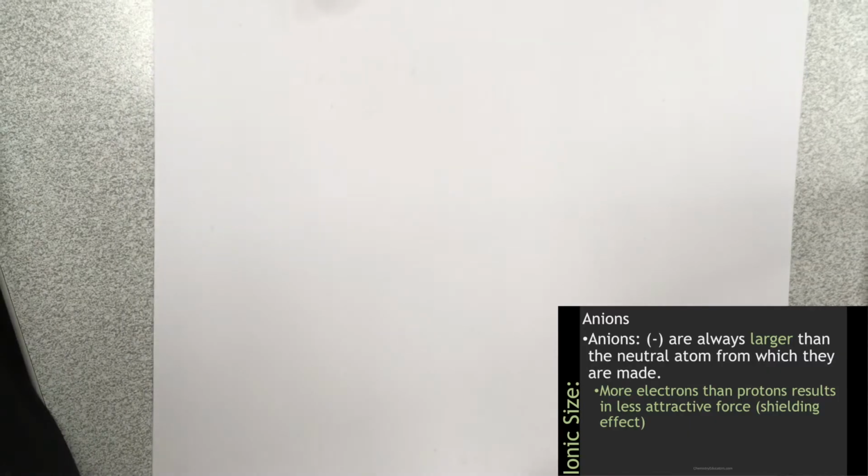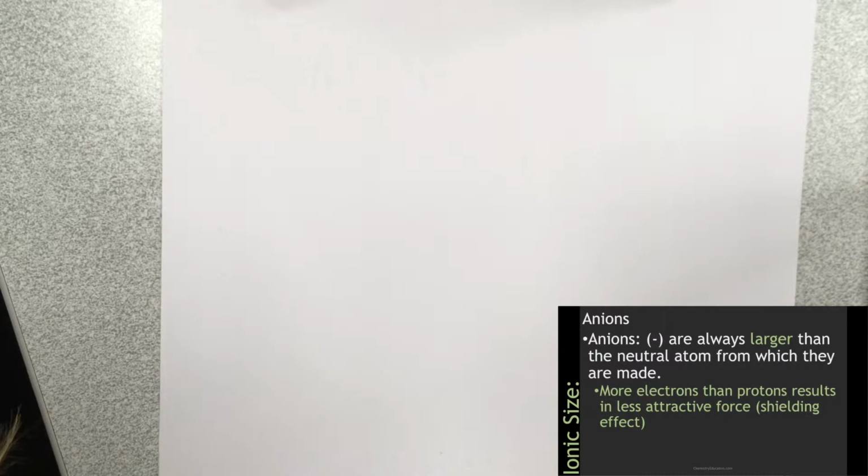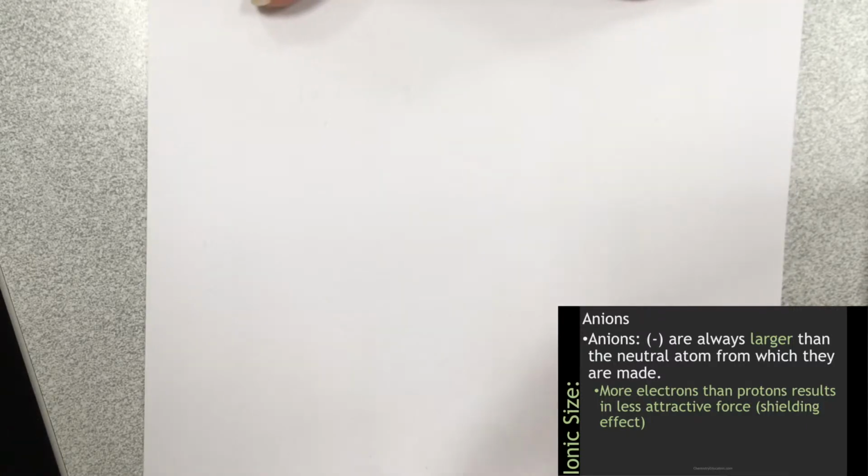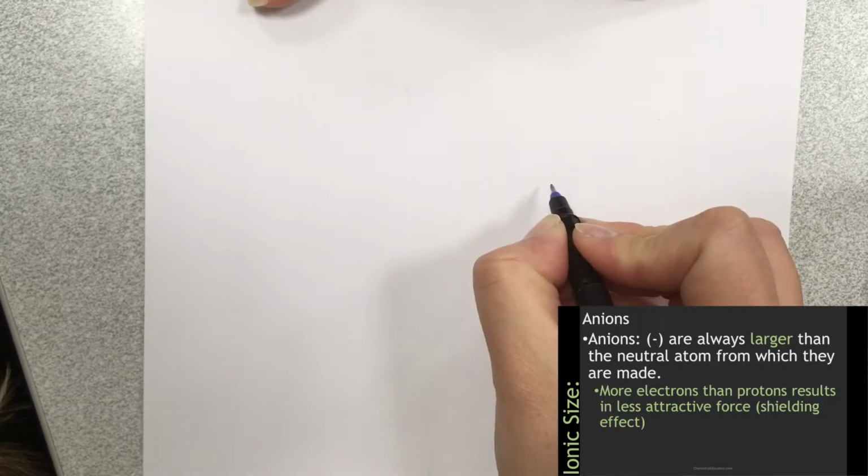So anions are always larger than the neutral atom from which they are made. That's just because there are more negative charges now, more negative particles that are being acted upon by the same number of protons.